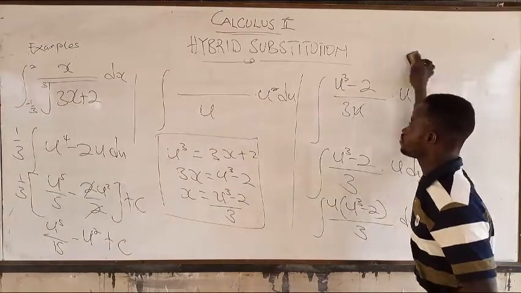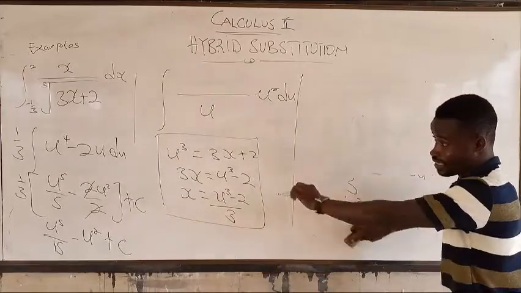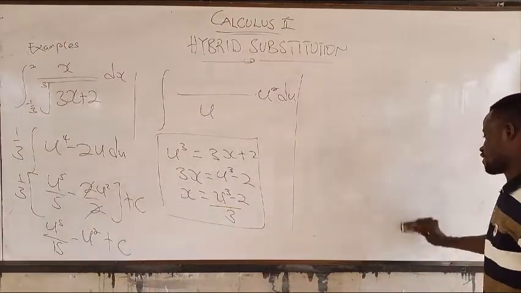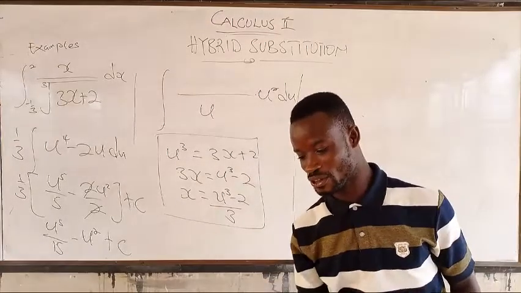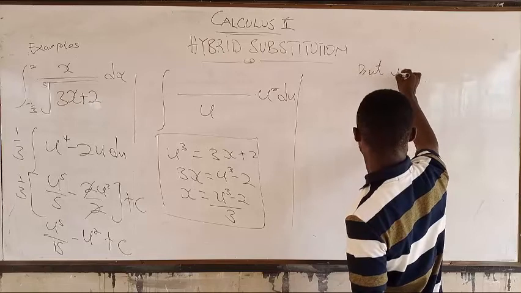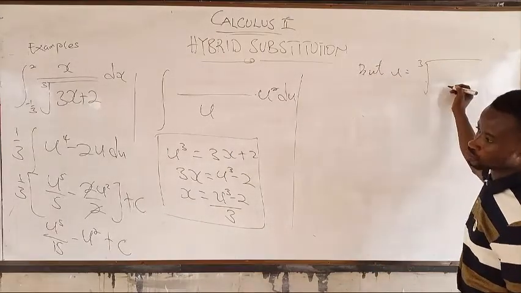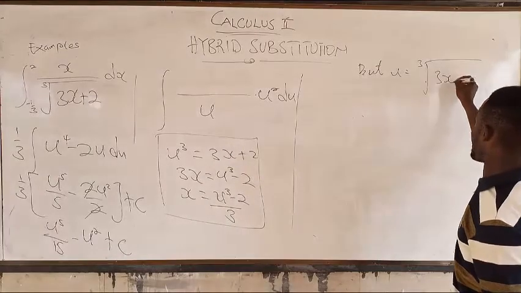So we come back to conclude our final results. But u is equal to the cube root of 3s plus 2.